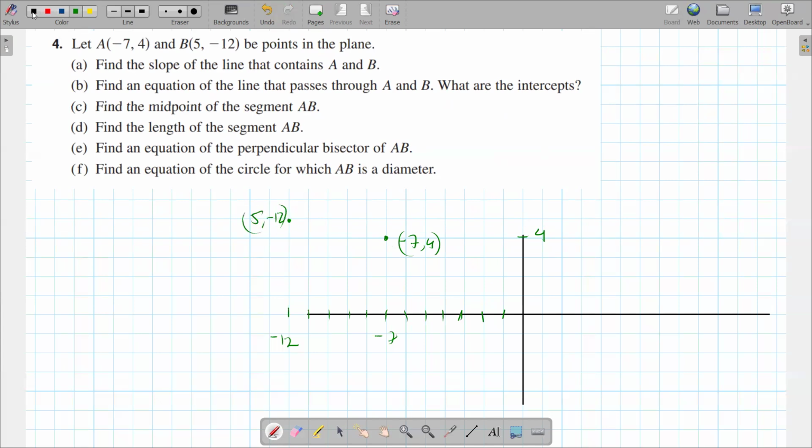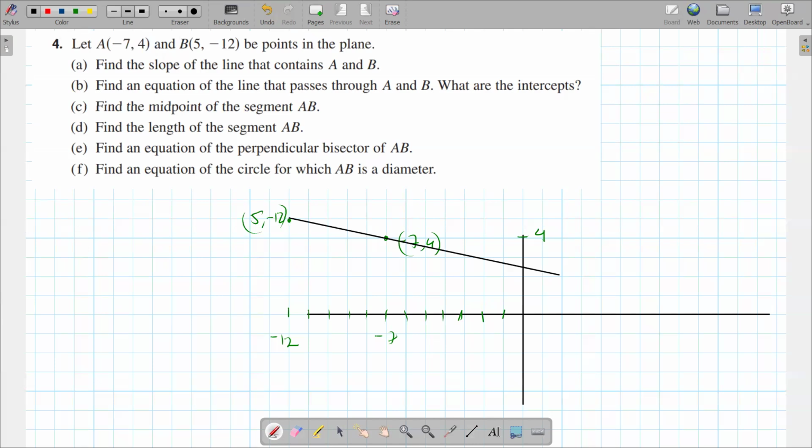So we're given these 2 points and we want to connect them. It's asking us for the equation of the line. All right, so we're trying to find the equation of that straight line.